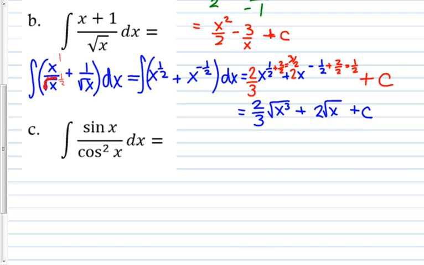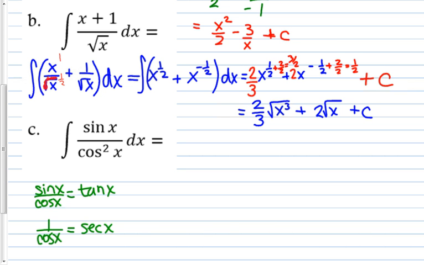Okay, so here's where we have to remember some trigonometry. For example, sine of x over cosine of x is tangent. 1 over cosine of x, that's the reciprocal of cosine, is going to be secant. Okay, we're going to need these identities for c.